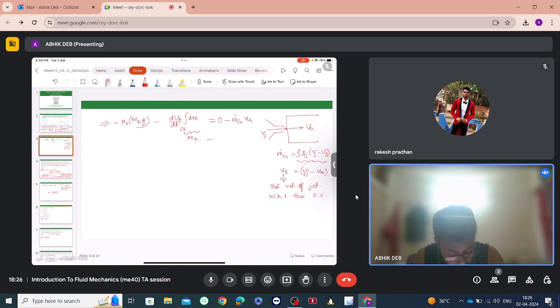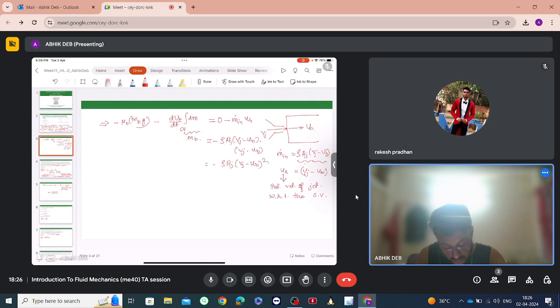So this is minus rho Aj (Vj minus ub) into (Vj minus ub), which is minus rho Aj (Vj minus ub) whole square.